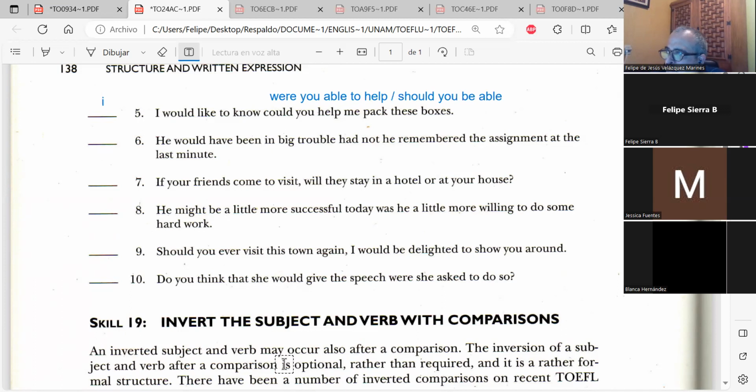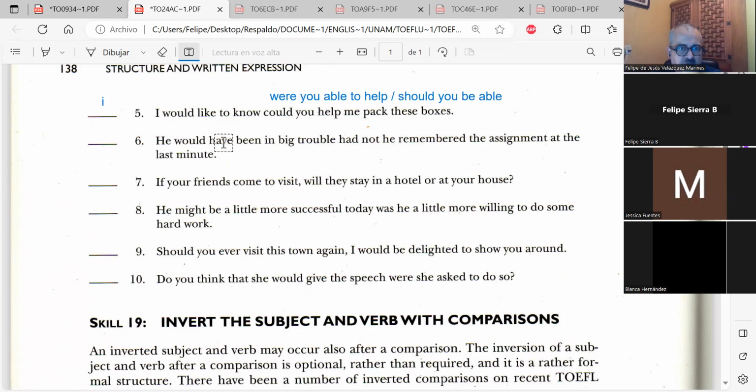He would have been in big trouble had not he remembered the assignment at the last minute. It's incorrect. Or no, it's correct? Because this is the conditional.